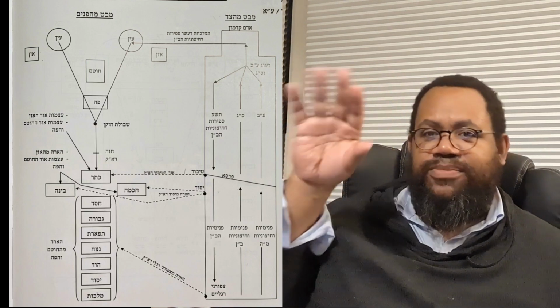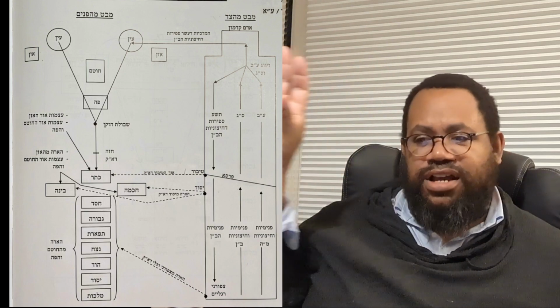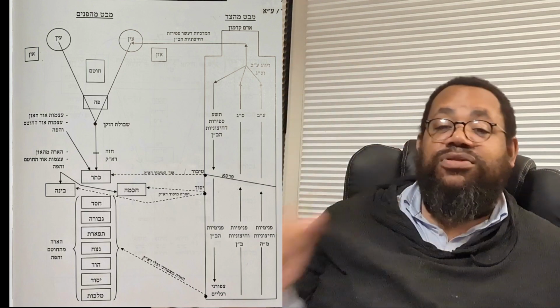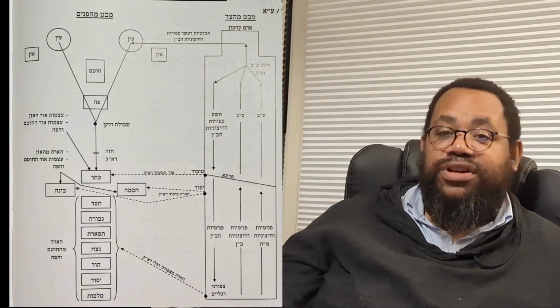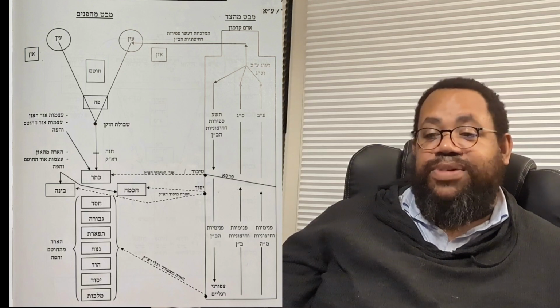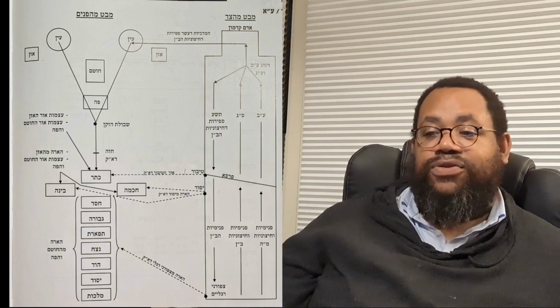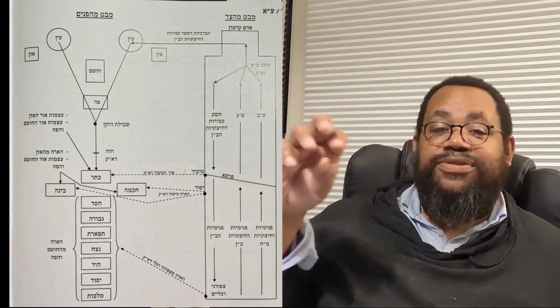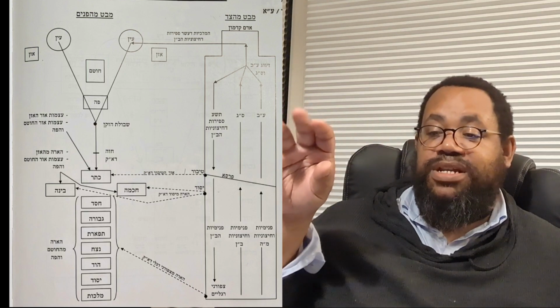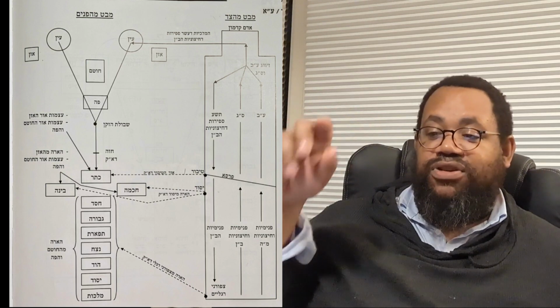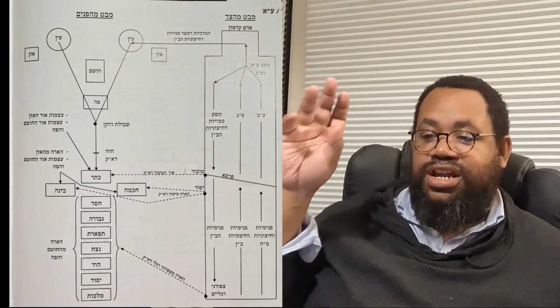There's Keser in the middle, and then Chachma, and then Bina. But if you look at the seven oros from there and below, beneath the gar, beneath the Keser Chachma Bina, you look at Chesed, Gvura, Tiferes, Netzach, Hod, Yisod, and Malchus.